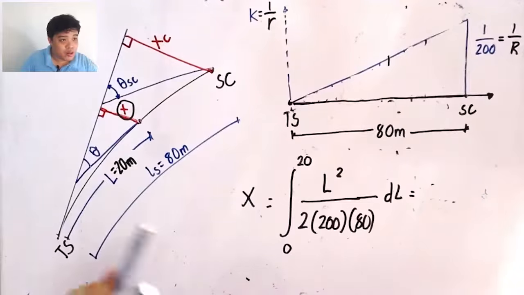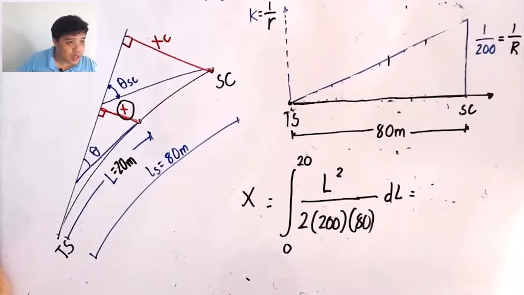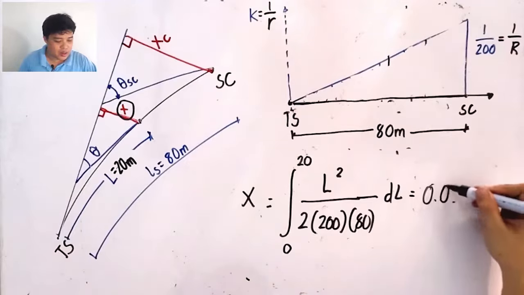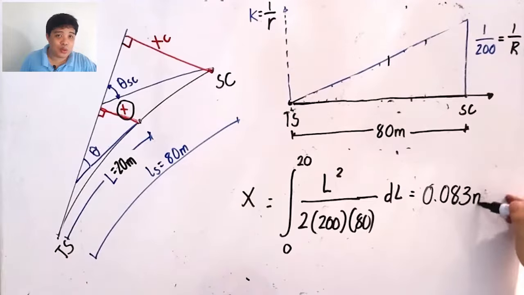Again, in your calculator, replay it, and then you just change this 80 to 20, and then press equals. And the answer is 0.083.